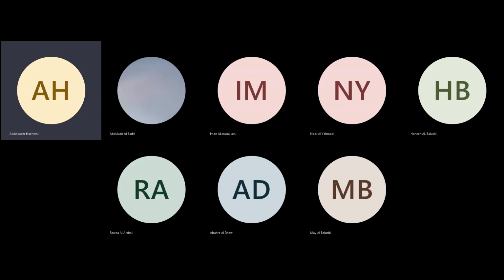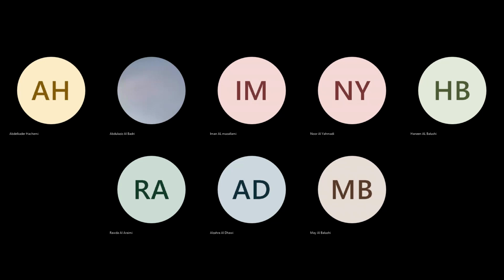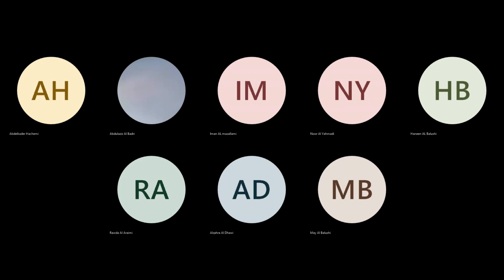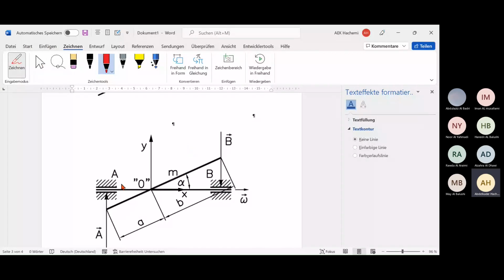Now, what we develop here, we see now what we have here. If we calculate the moment, we have the reaction A and the reaction B. Then the moment about this point O will be A multiplied by the arm, and the arm is only the projection of A along this axis.